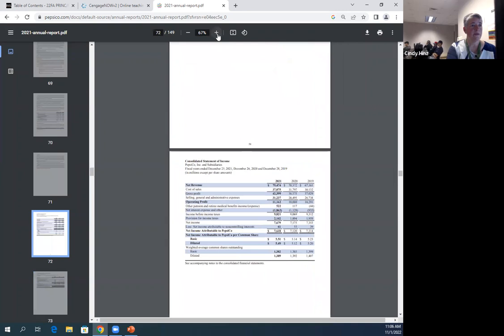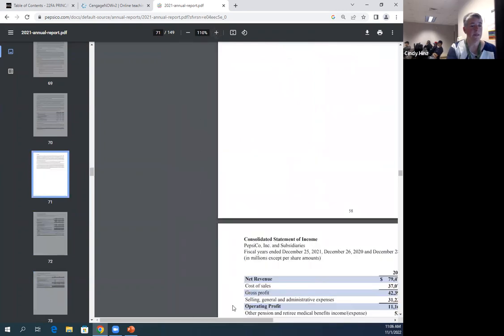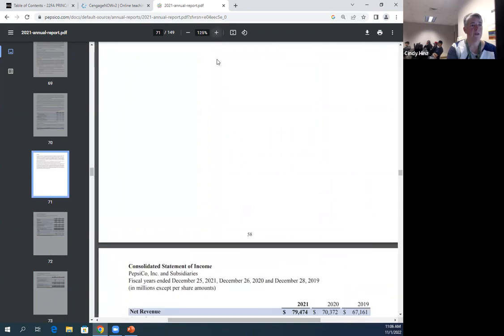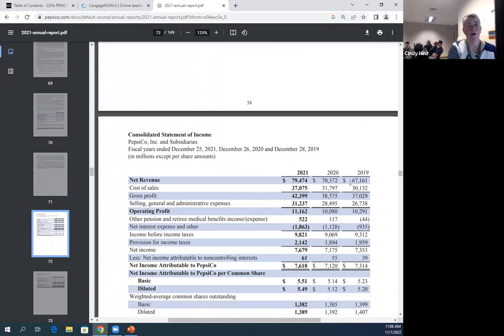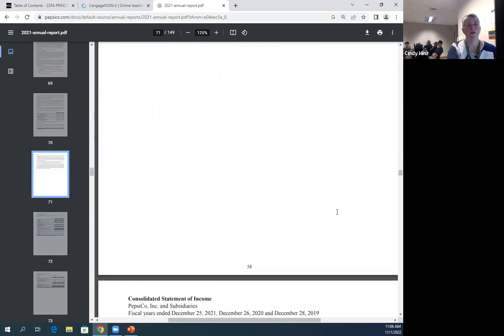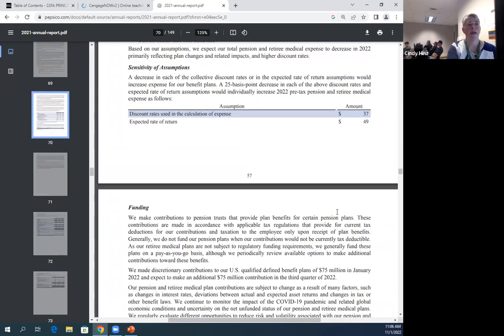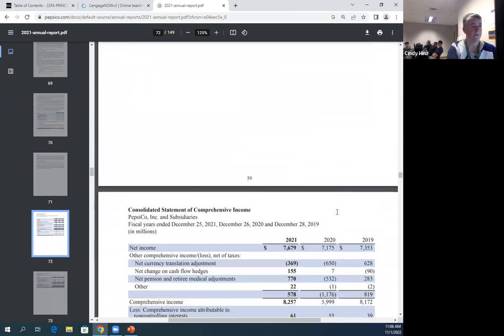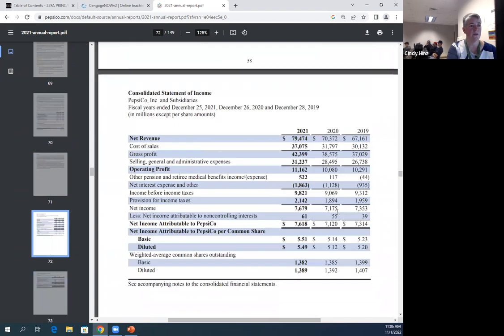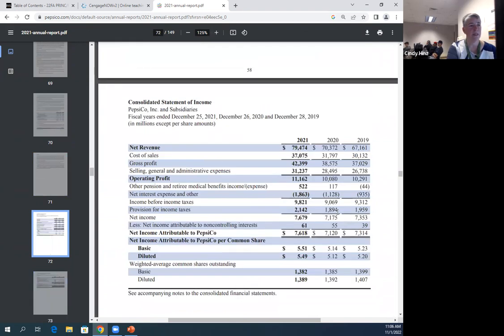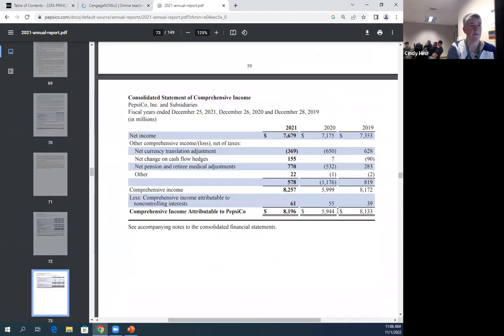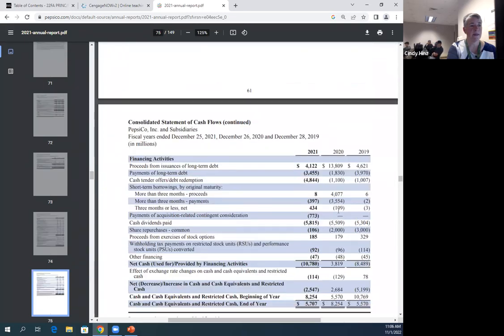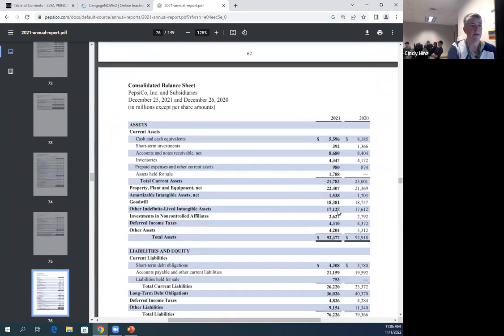Make this a little bigger so people can actually see it. Okay. And so usually we have to go about half to 2/3 of the way through the annual report before we find their actual financial statements. And so here's their income statement, statement of comprehensive income, cash flow statement, continued balance sheet.